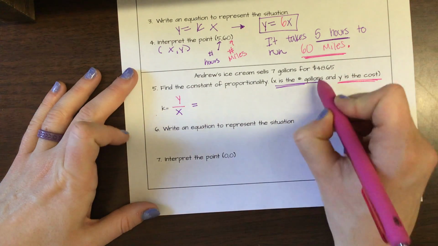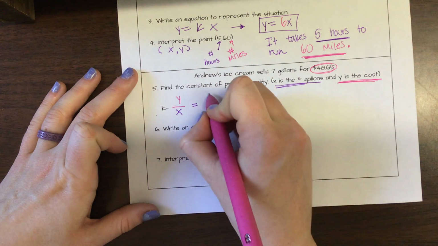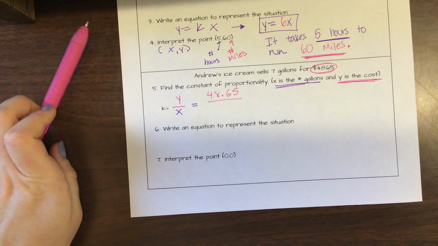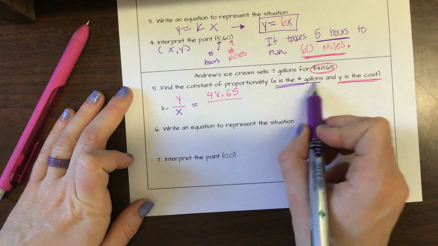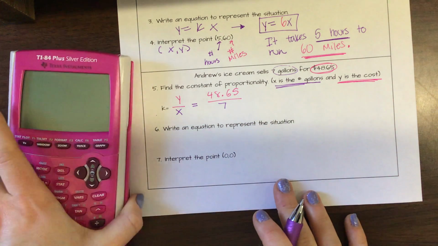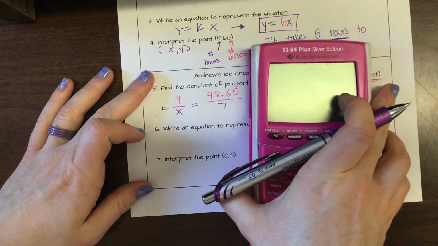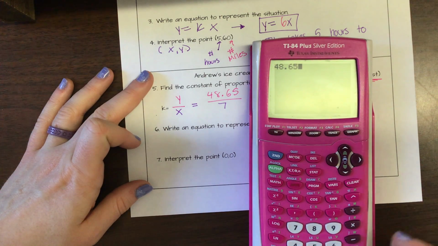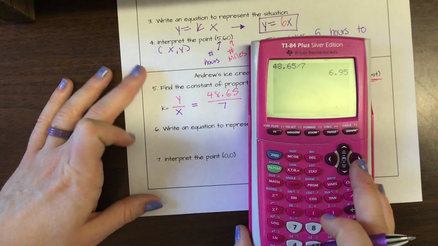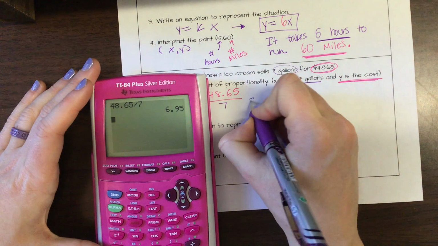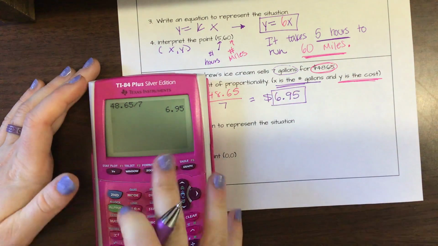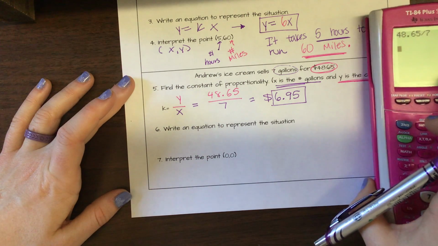Y is the cost, which is $48.65, divided by x, which is the number of gallons, which is 7. So 48.65 divided by 7 is $6.95. So our constant of proportionality is 6.95.